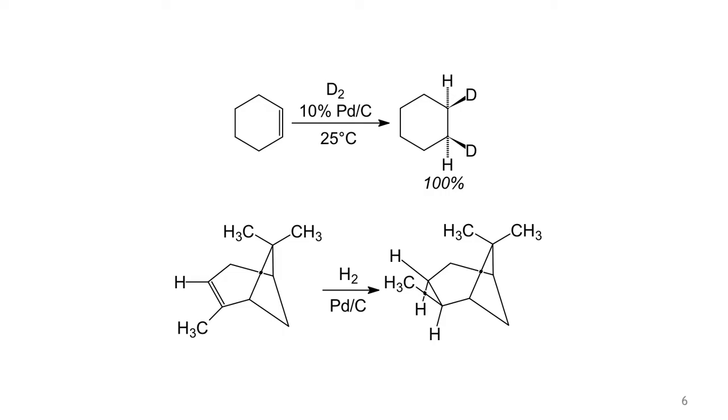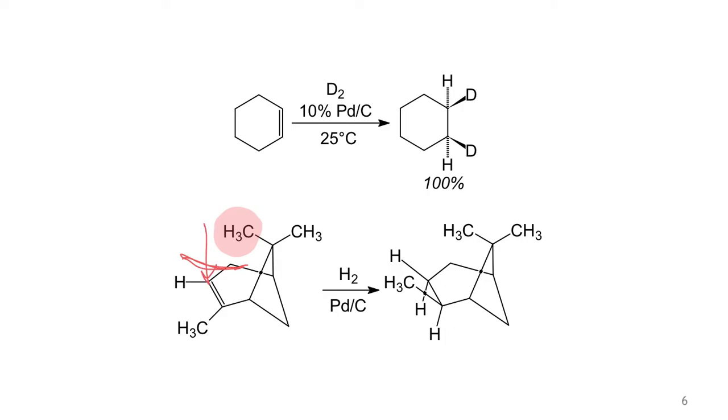Another way of probing this is with molecules such as this one, which are sterically hindered. In this case, there's a methyl group poised in this bicyclic compound that effectively blocks the top face of the double bond. And so we don't get any reaction of hydrogen adding to the top face as it's drawn here.